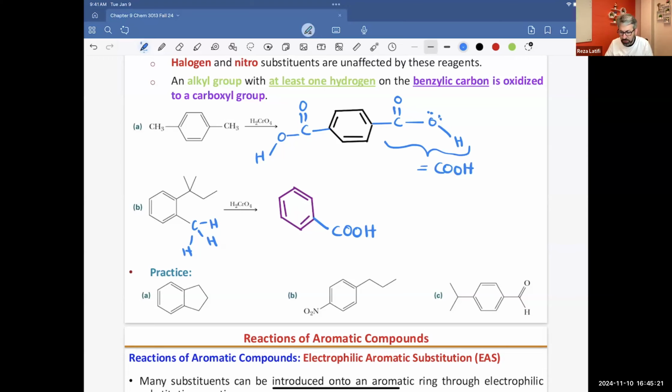But the top one, because we have a tertiary carbon, and in this case actually it will be quaternary, because this one is attached to the ring and technically attached to 4 carbons, it will not get oxidized and will simply stay as it is. So nothing is going to happen to that carbon. I'm going to highlight this carbon, it stays as it is.